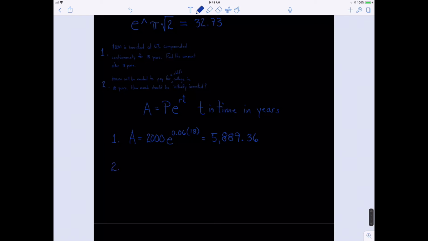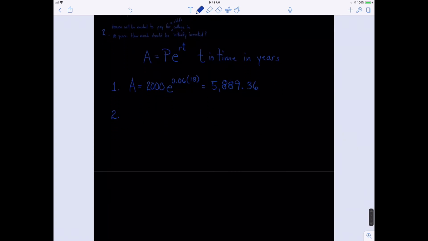Now, part 2 changes the problem. The problem is not now how much will we have in the end. We already know that. That's $20,000. The question is how much should we start with? Well, that's P. That's what we're going to have to figure out. But we know e, we know the interest rate is still 0.06, and the time is still 18 years. So this time we're going to do this all at once, and we'll use our calculators, but I'm going to divide both sides.